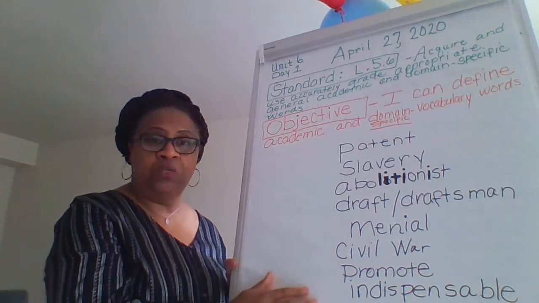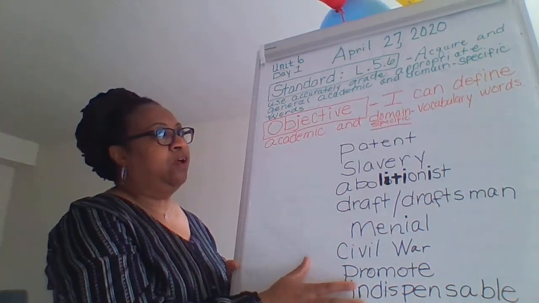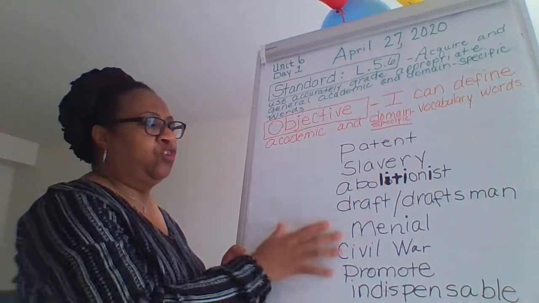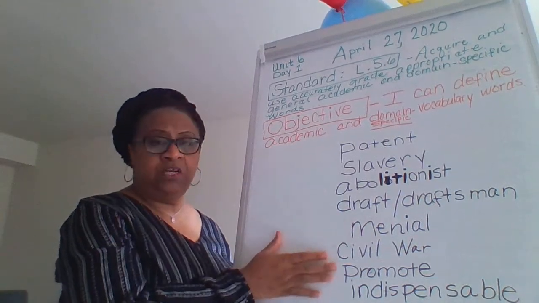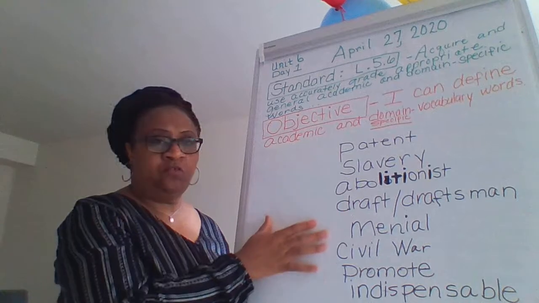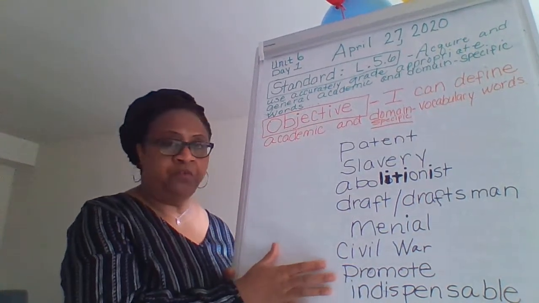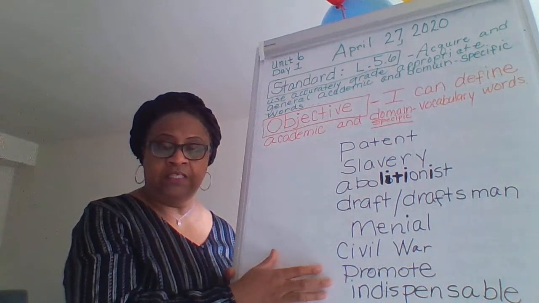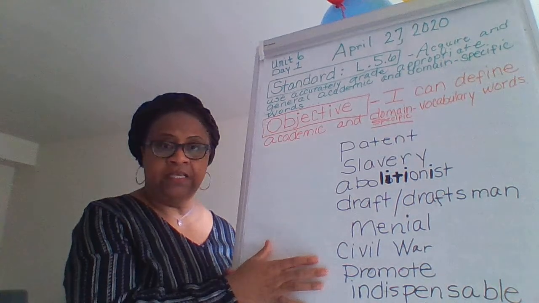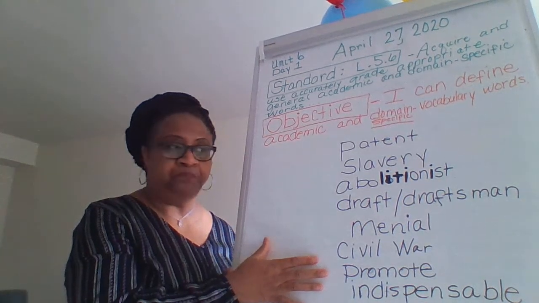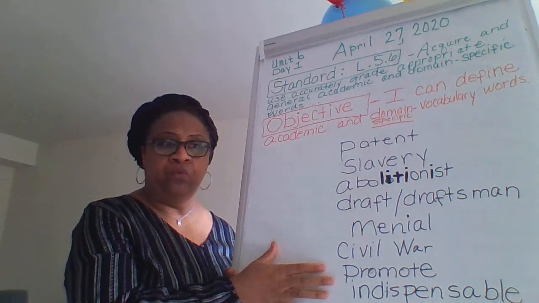Okay, so now let's talk about why it's important to know the vocabulary of your content. The reason why we study what we call domain specific vocabulary words is because it helps us to better understand the content, the information that we will be reading about. Because this is informational text that we're reading, you will oftentimes have unfamiliar words.